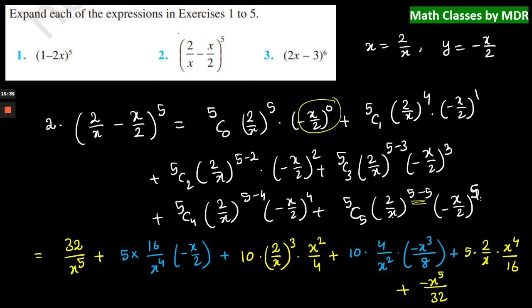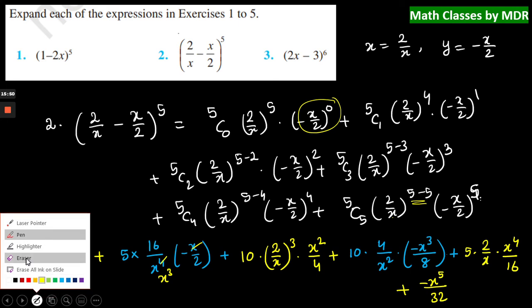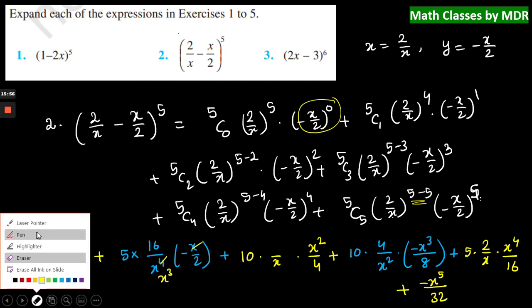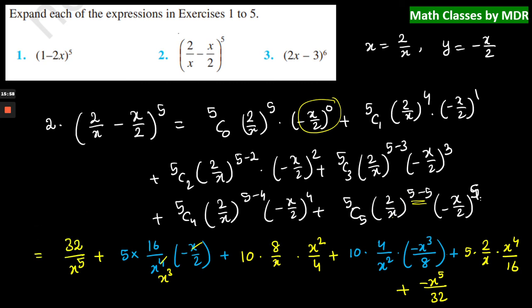Right? Now let us try to simplify it further. This is x and x, so this will become x cube, and this is 2 by x cube. So can I write it as 2 cube by x cube? 2 cube by x cube is 8 by x cube. So x square gets cancelled, and then we'll have x.